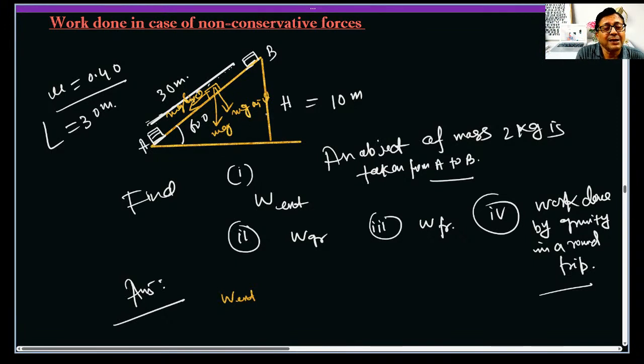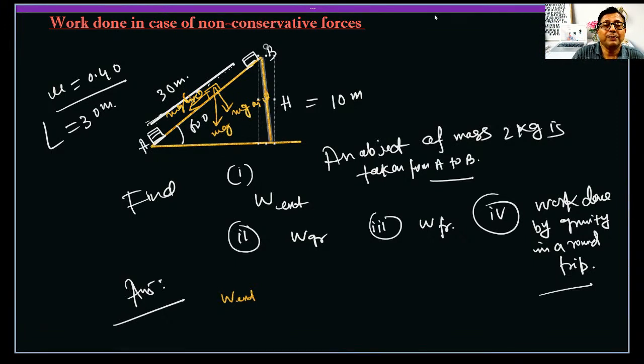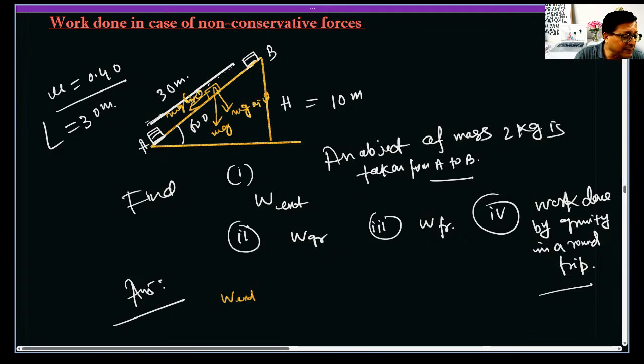So work done by external agent will be equal to this mg sin theta. I mean force will be this mg sin theta only. Okay. So W external will be what?